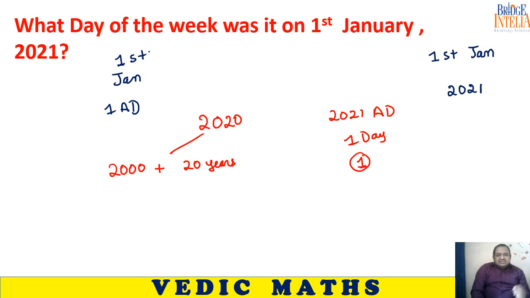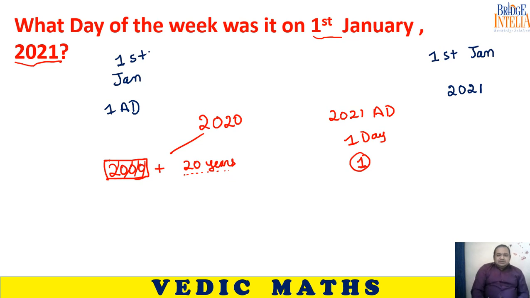I have broken the 2020 years into 2000 years plus 20 years, because 2000 is a multiple of 400 and I can remove it easily. So the answer will be determined only from the remaining 20 years plus one more day from the running year 2021. Only one day has gone by, because your counting stops on 1st January itself.